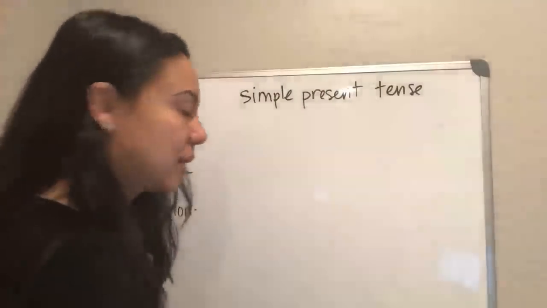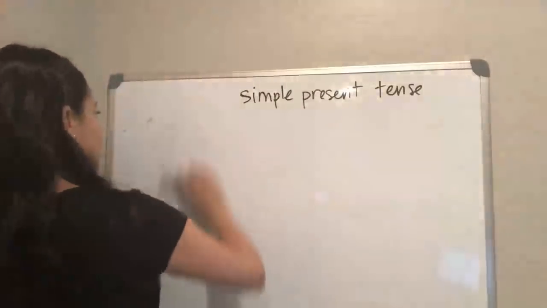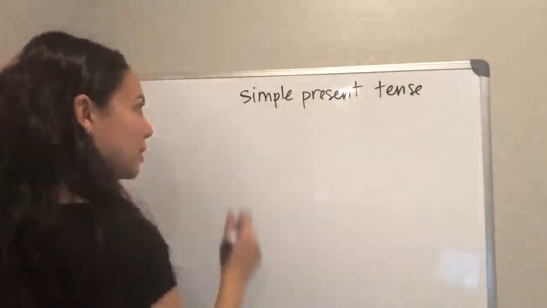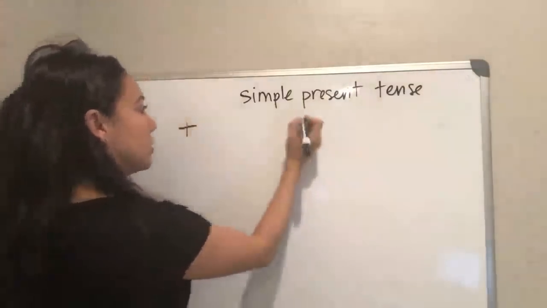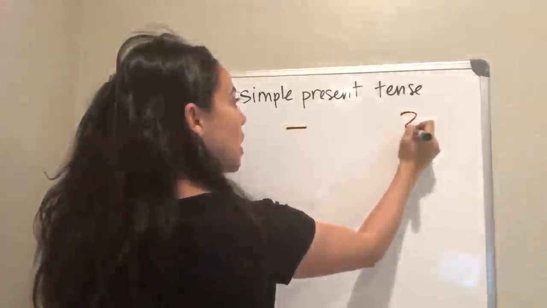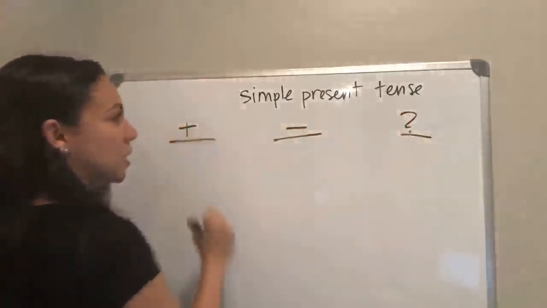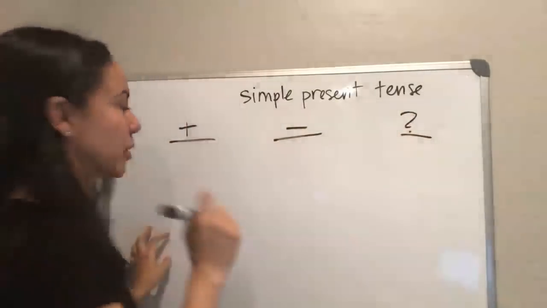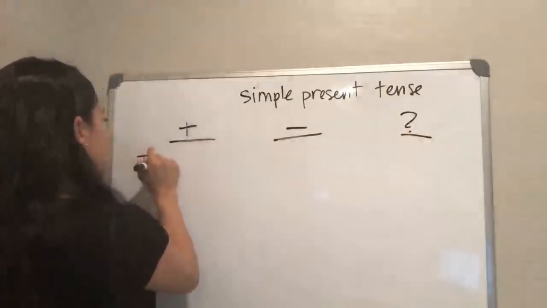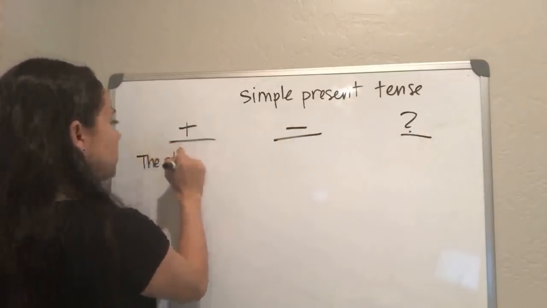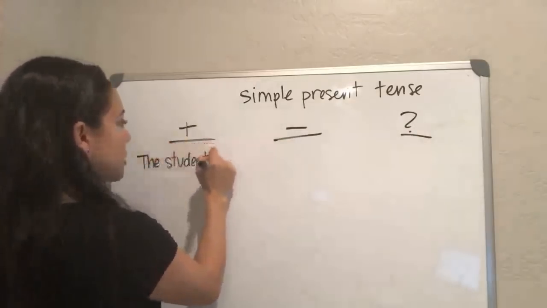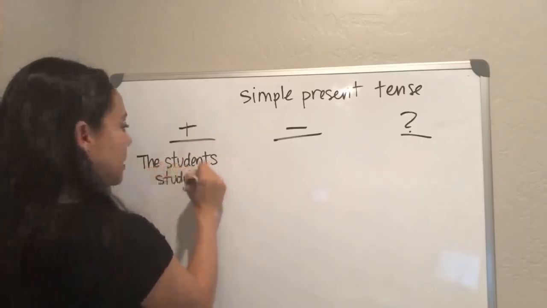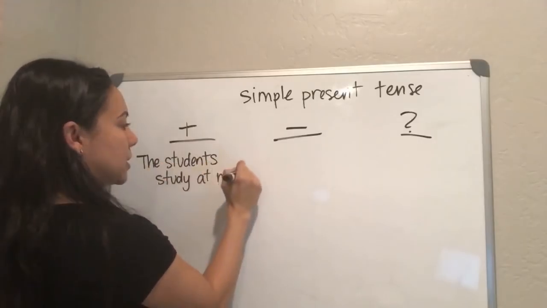Now you guys can do an assignment, okay? So we'll have you do a quick assignment. Let's do positive, negative, and a question, all right? So I'm going to do this: the students study at night.